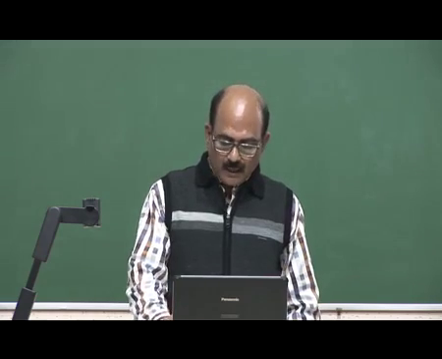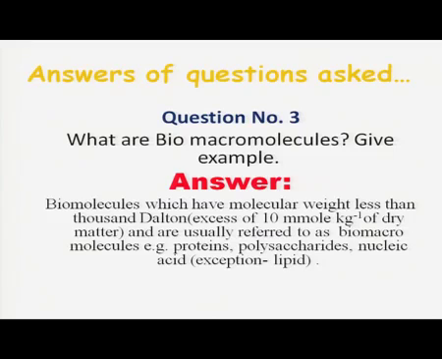So, the answer was, biomolecules which have molecular weight less than 1000 Dalton are micromolecules, and those in excess of 10 macromolecules per kg of dry matter are usually referred to as biomacromolecules. These biomacromolecules have large atomic weight. The examples of biomacromolecules are protein, polysaccharides, nucleic acids.